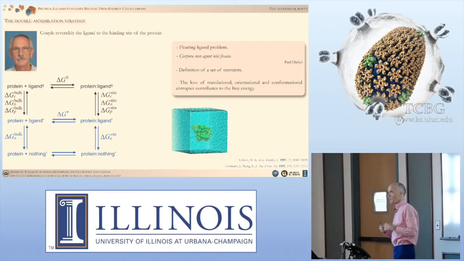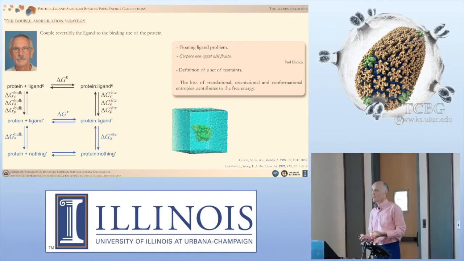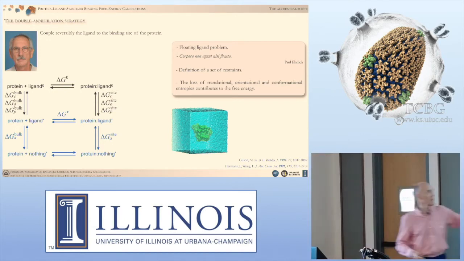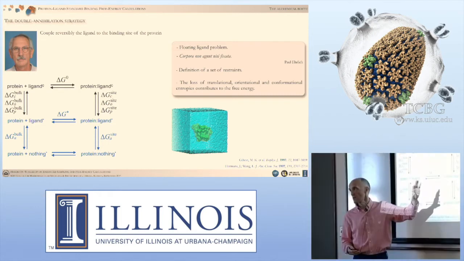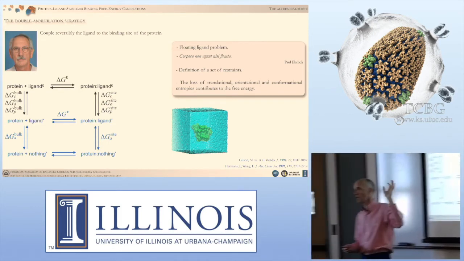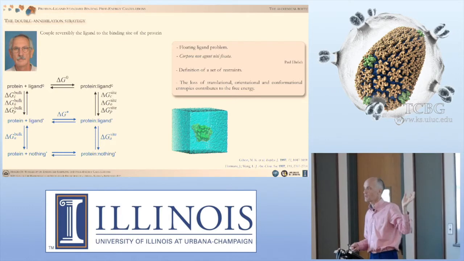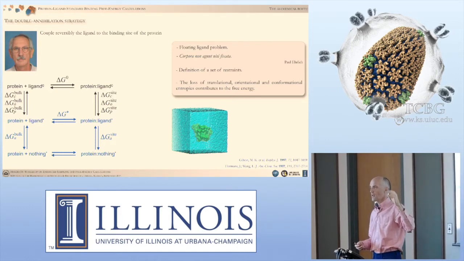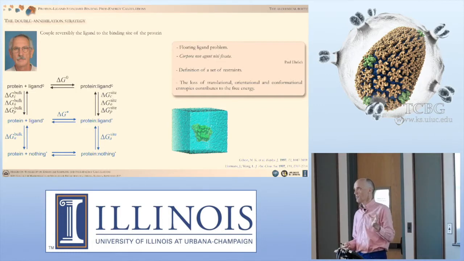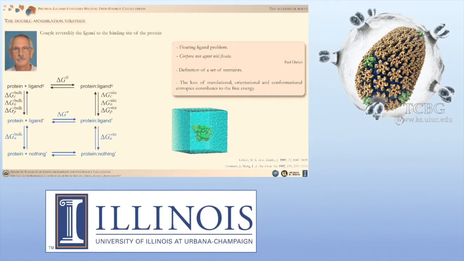So we introduce restraints. Because you introduce restraints in the bound state, you also have to introduce them in the unbound state. Actually, in the unbound state, you can only introduce restraints on the conformation of the ligand. So in the bound state, you freeze the conformation of the ligand, but you also freeze the position and the orientation.